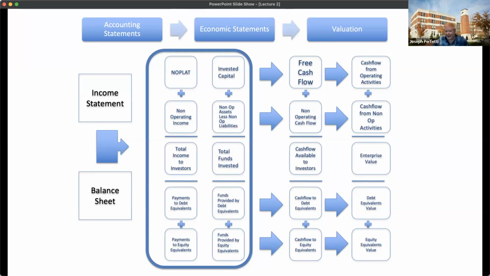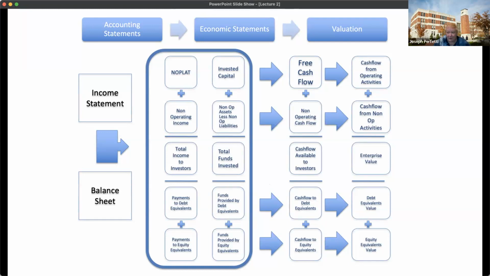Free cash flow plus non-operating cash flow is CFI. That's the cash you generate from non-operating and operating activities combined that you can pay to your investors. That will be equal to the payments you make to your debt holders, interest or principal, and the payments you make to the shareholders, dividends or share repurchases. So you can go across, and you can also go up and down, which is one of the key points of these statements.